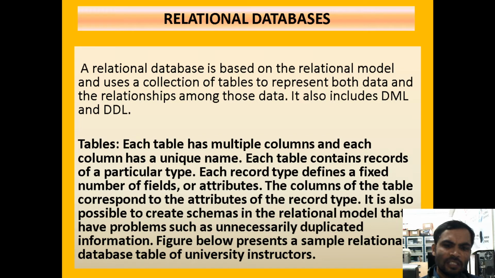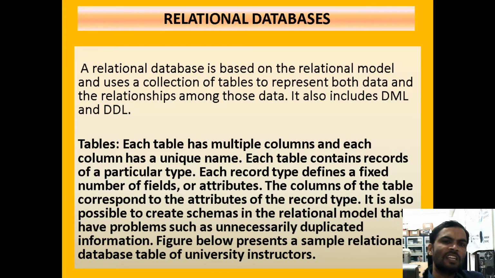These we call columns, similar to attribute names. The table consists of attributes. When you insert values under the columns, that is a row, and that row we call a record.